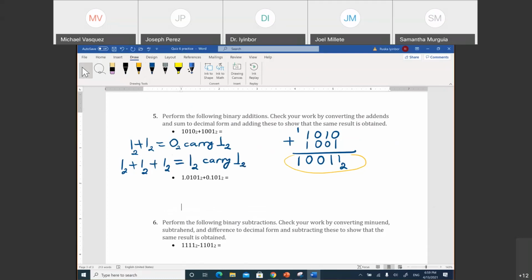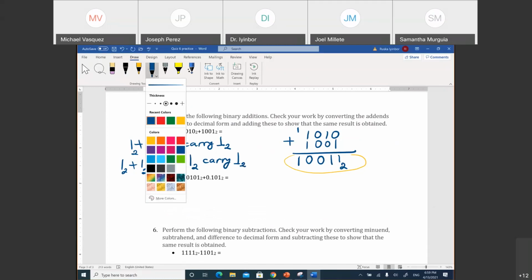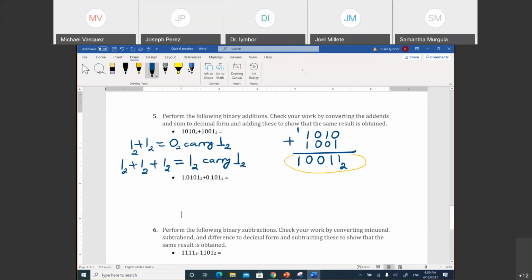Okay, so the next one is the same way, but you're going to line it up with the decimal point. So we're going to line it with the decimal. So let's write it like this.